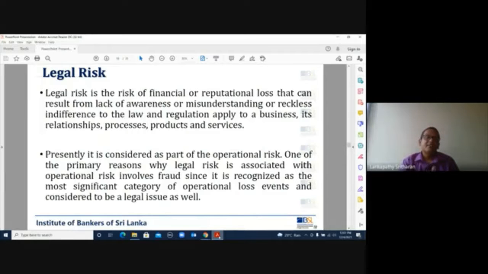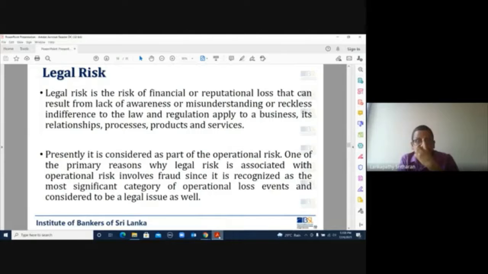Actually, don't confuse it with regulatory risk. That is something different. This is due to misunderstanding, lack of awareness, or not complying with the particular law or regulations applied to the particular business. Here, the FIU law was not followed by the 2 banks. So it may create a reputation risk. So those types of risks are considered legal risk.